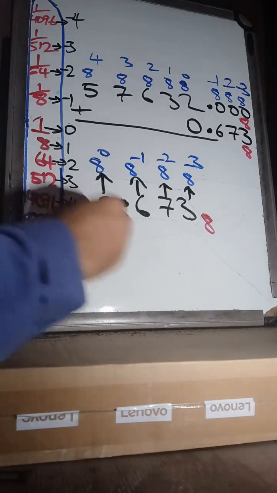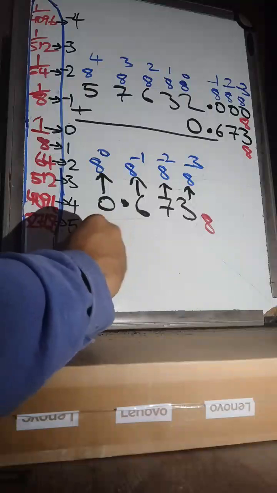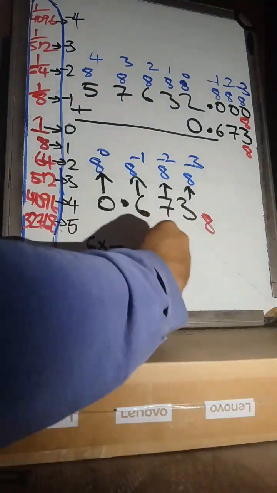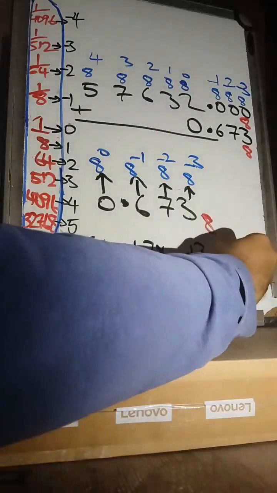So therefore the first number is 6 times, 7 times, and 3 times.